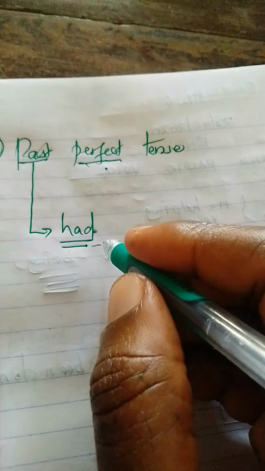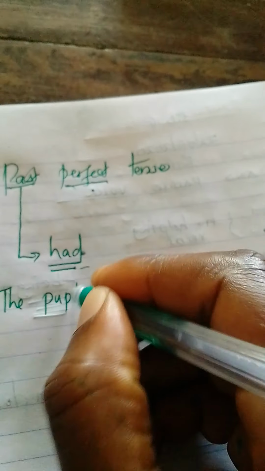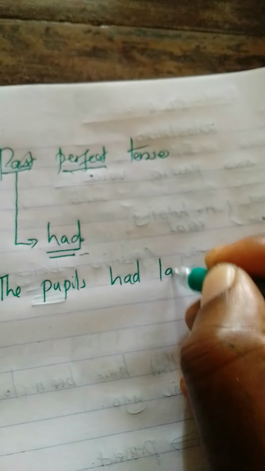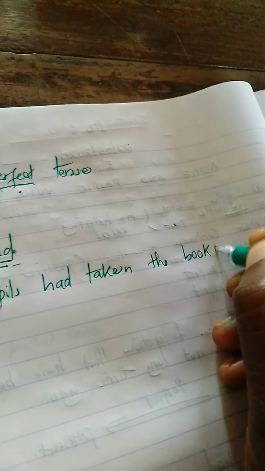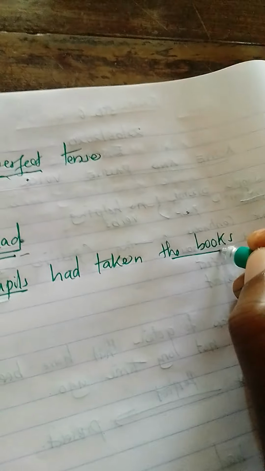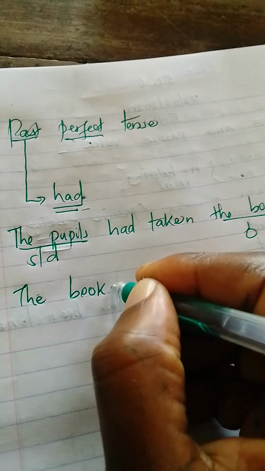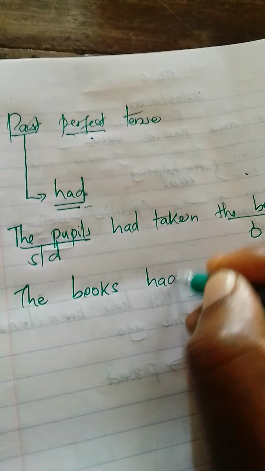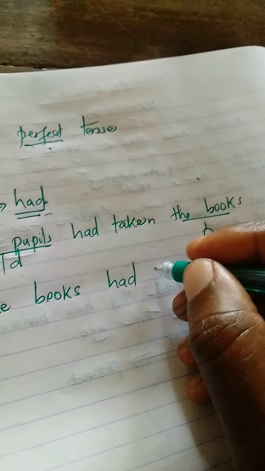For example, the pupils had taken the books. The pupils, our subject or doer, the books, our object. So the object starts the sentence so that it becomes the books had been. Don't change anything. This one remains the same in both plural and singular.